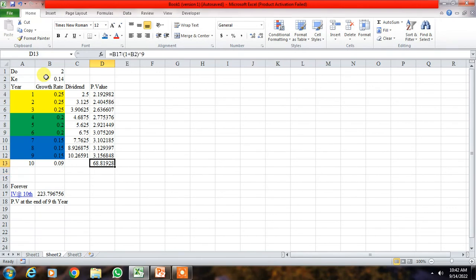Now this is the present value of those cash flows which we are going to receive from the 10th year onward. So now sum it up.